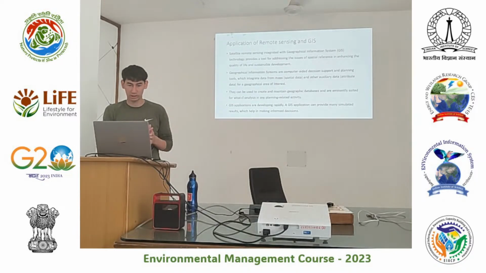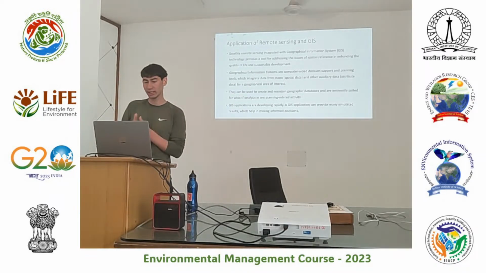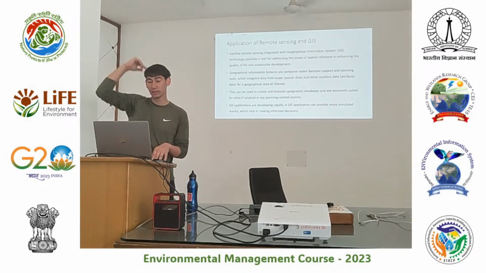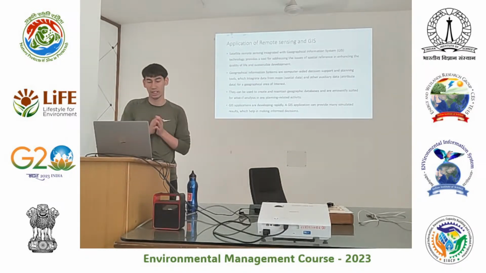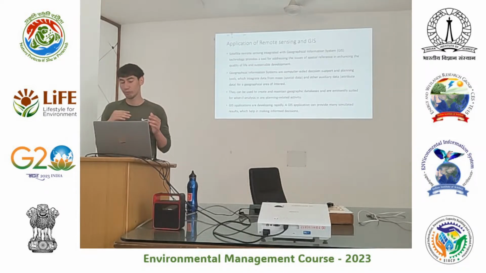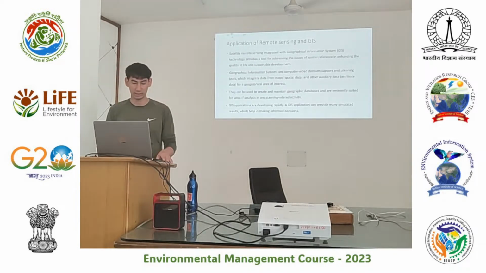A geographical information system is a computer-based system, a computer-aided decision support and planning tool which integrates data from maps, which is spatial data captured from satellite or aerial images, and other auxiliary data such as attribute data for a geographical area of interest. They can be used to create and maintain geographic databases and are eminently suited for what-if analysis in any planning-related activity.